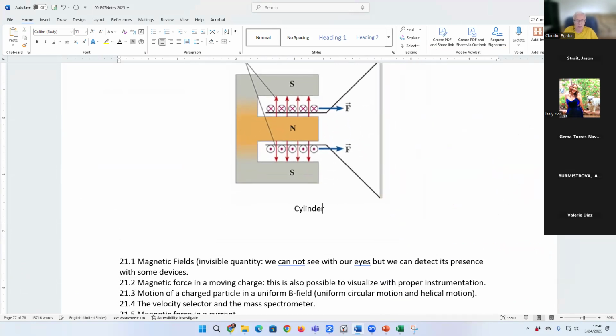Cylinder inserted into the gap of the permanent magnet, okay? Current. The current in the wire is controlled by a source.